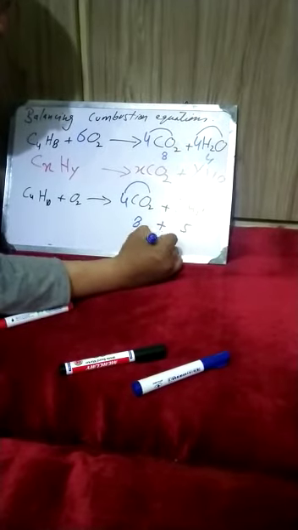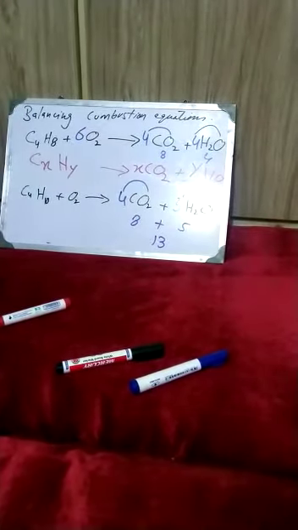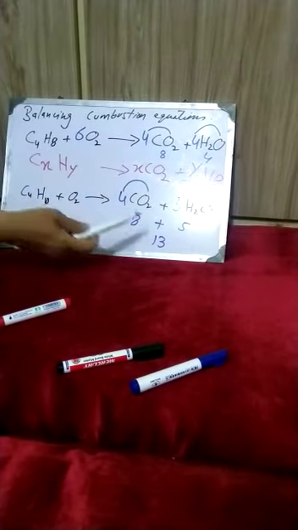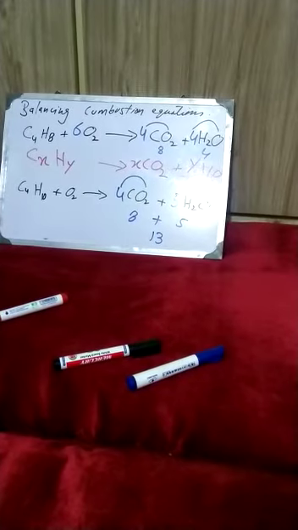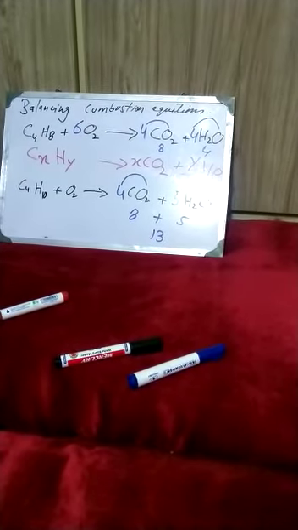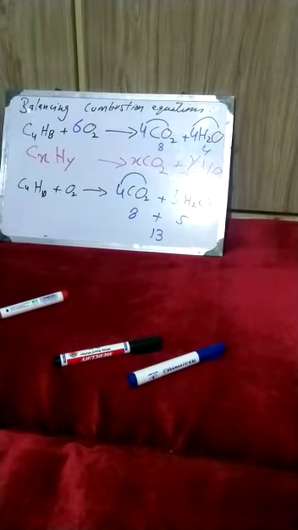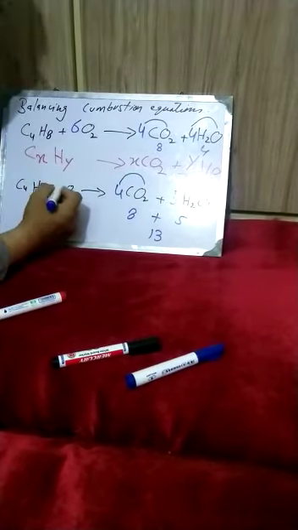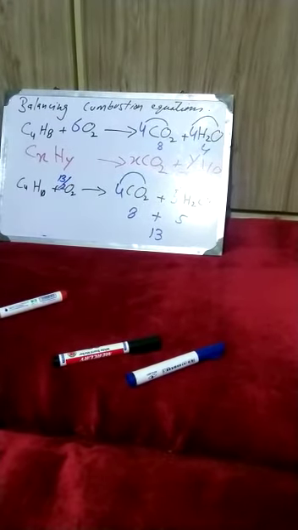Add them, it will be 13 oxygen atoms. Now we need 13 atoms, while this O2 cannot be multiplied by 6.5. 6.5 is not allowed. We are only allowed to write integers, whole numbers. So what we will write is 13 upon 2.